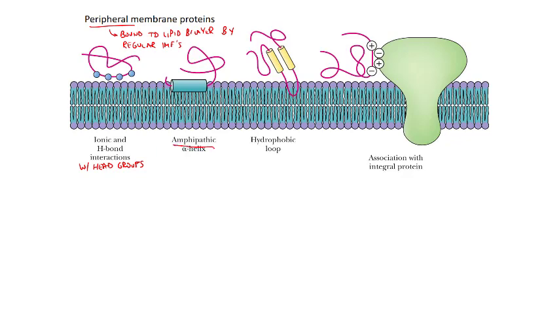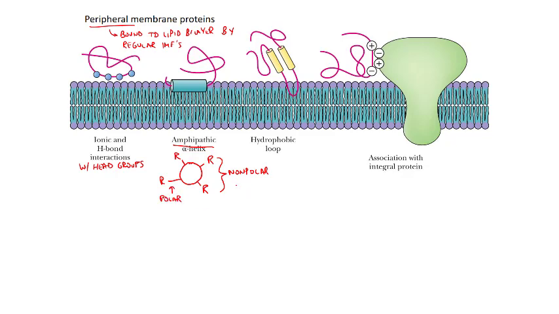We can also have what's called an amphipathic alpha helix. I showed you an example of this in the protein structure section. If you were to look down the length of an alpha helix where you've got your R's pointing out along the sideway, you can end up in a situation where the R groups on one side of the helix are nonpolar and the ones on the other side are polar or charged.